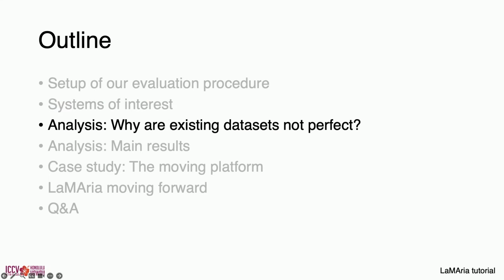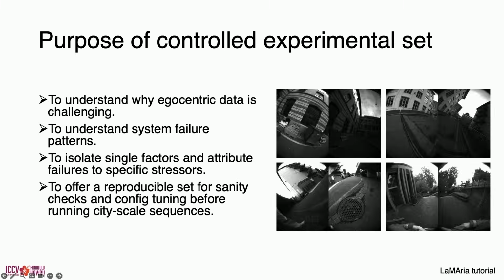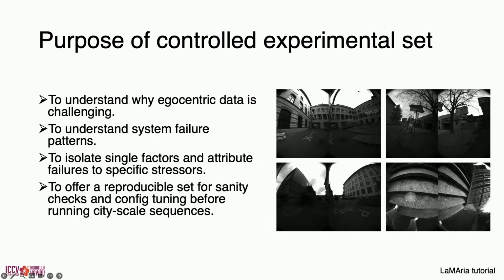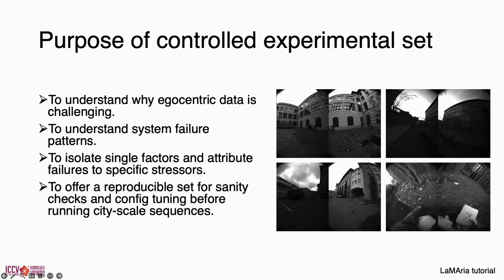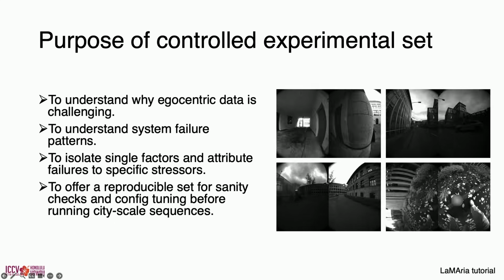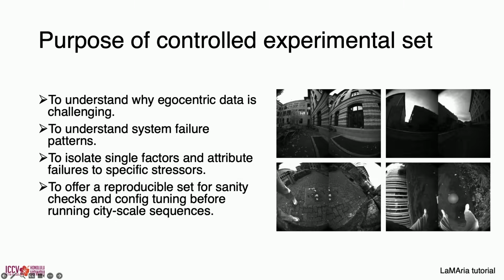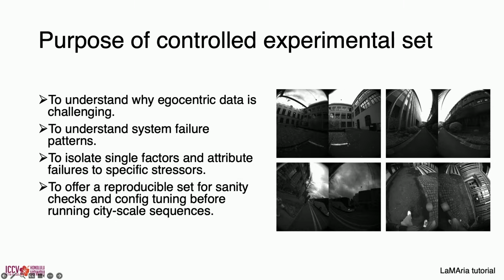And now I'm going to move on to the first set of analysis, which is why our existing data set is not perfect. This is a recap on the results on the controlled experimental set. Some backstory: it was actually an afterthought to collect this data, because we had collected our main data set sequences, and then we realized, okay, this is too challenging. Have we set up something incorrectly in our open source baselines, or is egocentric data just too difficult?